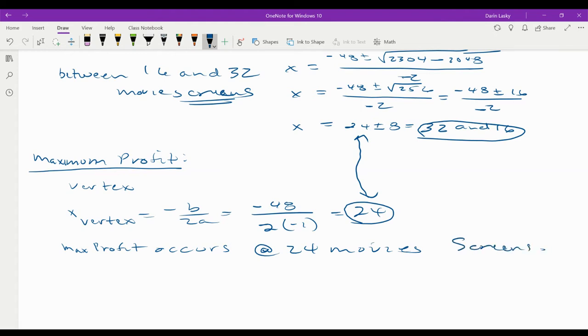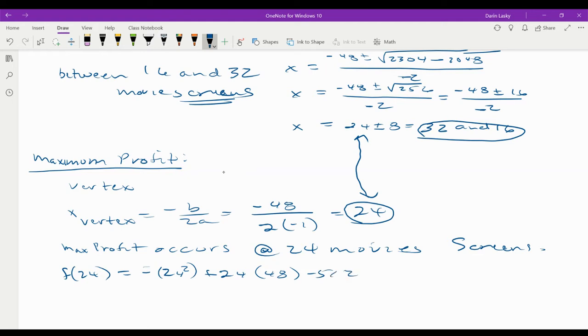Now, I just need to know how much that's going to be. So I take my original function and I plug in 24. So we get negative x squared plus 48x minus 512, with x equal to 24. That's going to be negative 24 squared plus 24 times 48 minus 512.